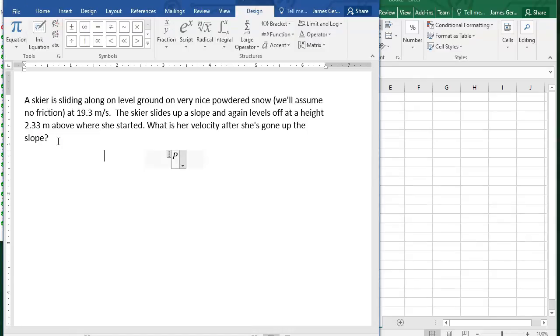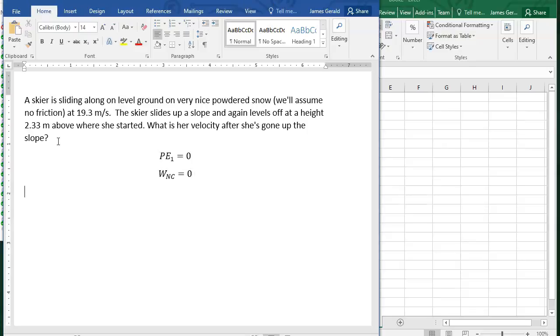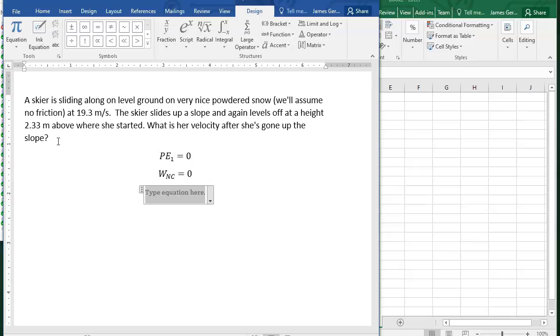conservation of energy equation. First thing we know, she starts off at the low point, so her potential energy at the beginning is 0. We're told there's no friction, so that's 0. But at the end of the problem, she has both kinetic energy and potential energy. So KE1 equals KE2 plus PE2.